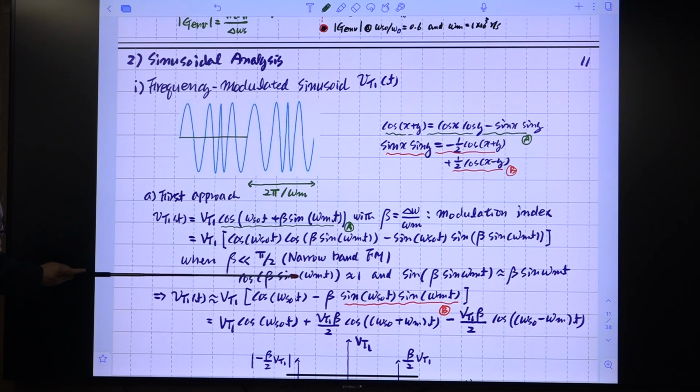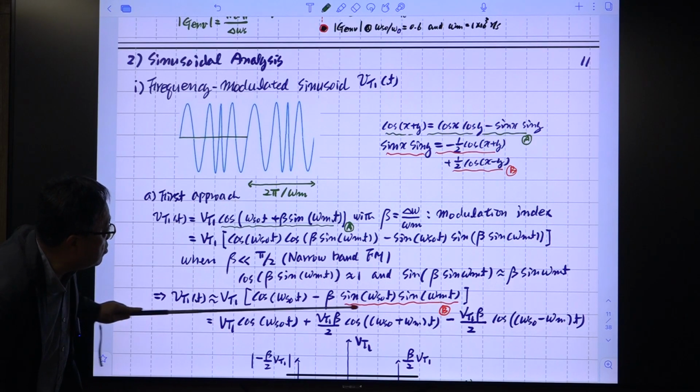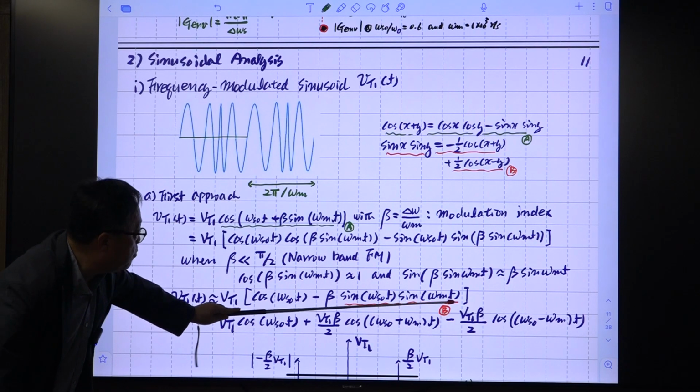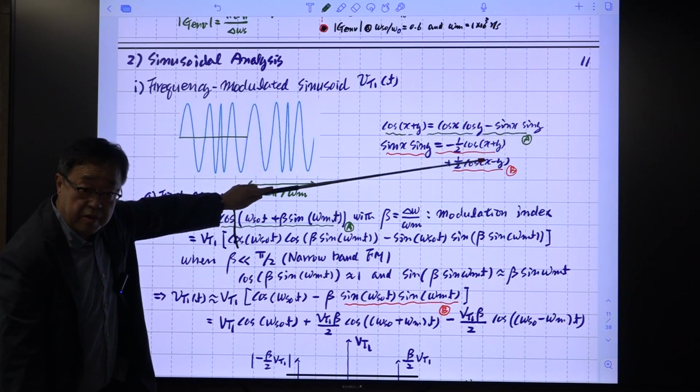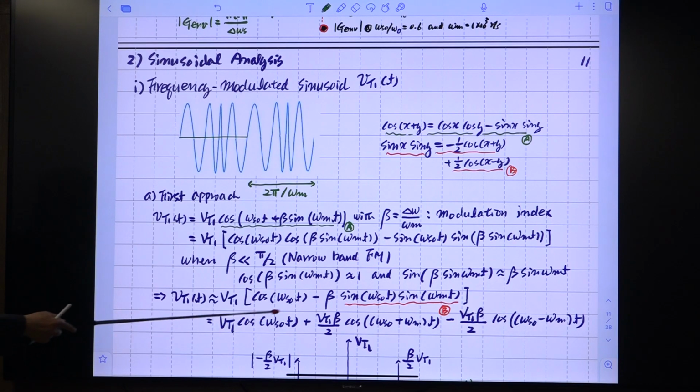Then you have this. So this becomes 1. You have this term, and this becomes beta. Beta is coming in front here, and we have this, right? So you have B. You have another equation, right? This is some formula. So with this, we don't have to play with this.